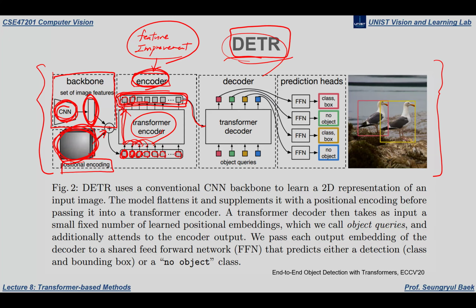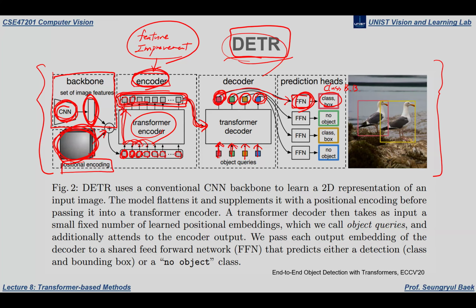Then using the cross-attention mechanism and mixing this improved image feature with the decoder input, we get the final output from the transformer decoder, and that final output is further mapped to class probability and bounding box information via these final MLP layers.